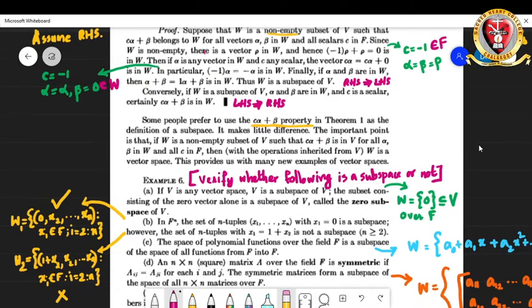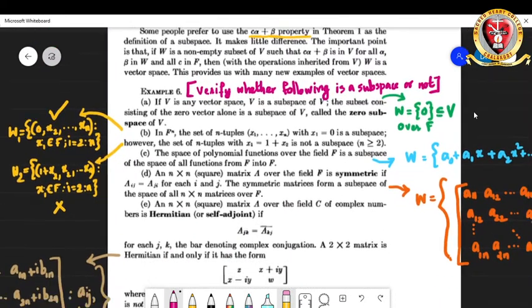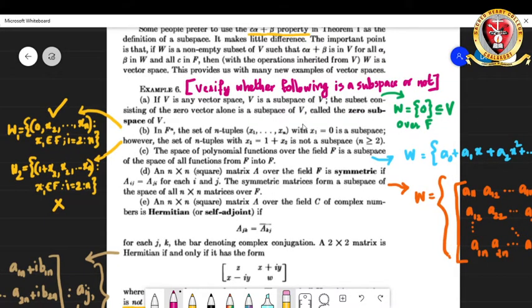Now we will see some examples and we'll verify whether each of them is a subspace of a vector space or not.